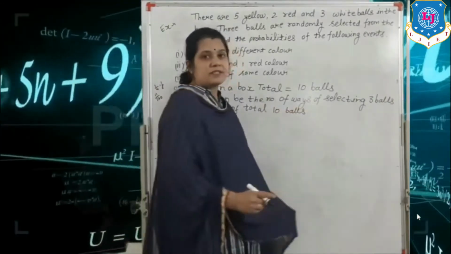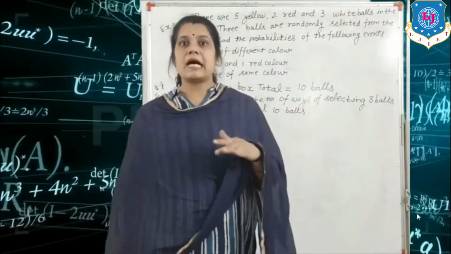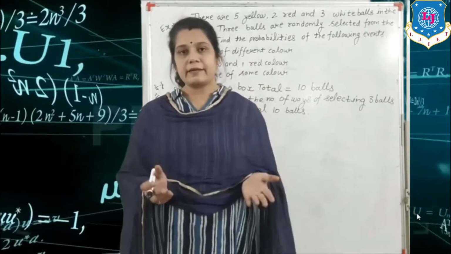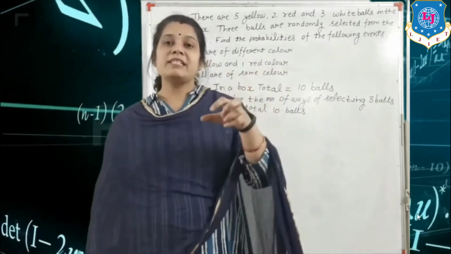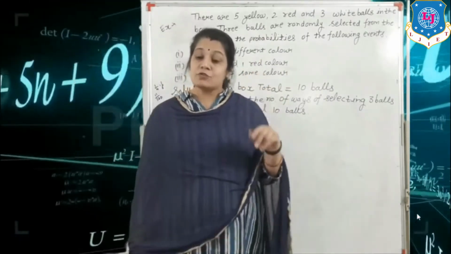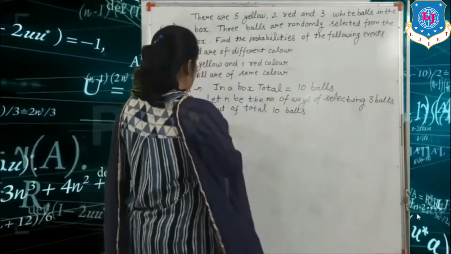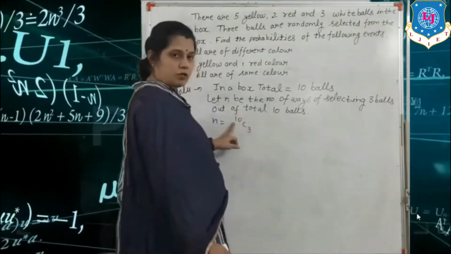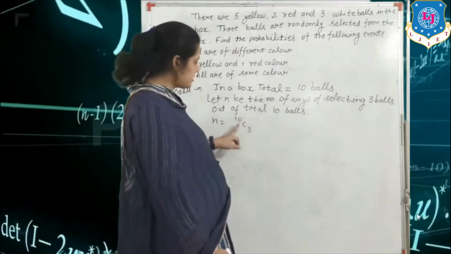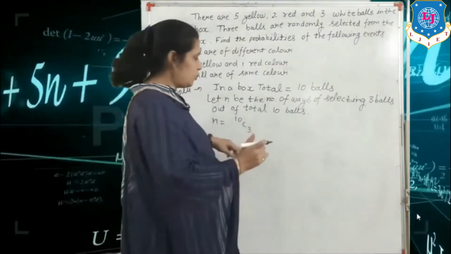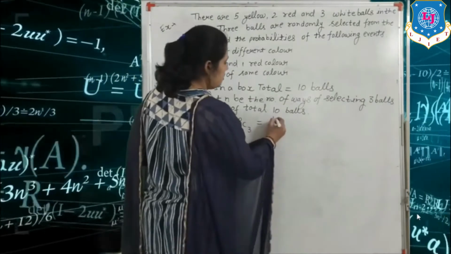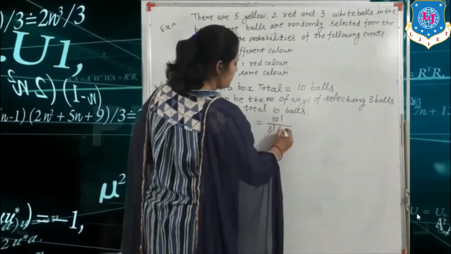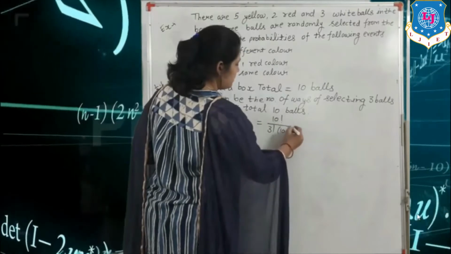First we find the total exhaustive events, or total possibilities. We have a total of 10 balls and we randomly select 3 balls. So n is equal to 10C3, because we have 10 balls in total and select 3. Solve this step: factorial 10 over factorial 3 and factorial 10 minus 3, that means factorial 7.